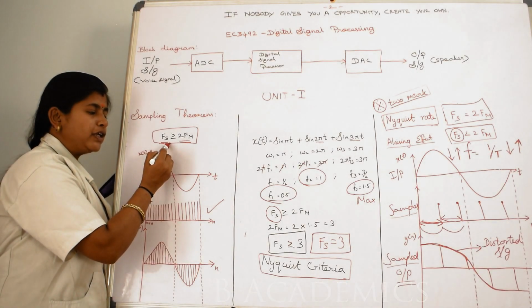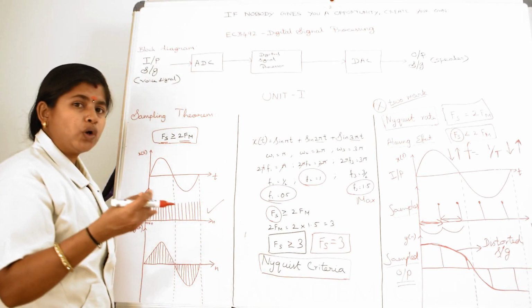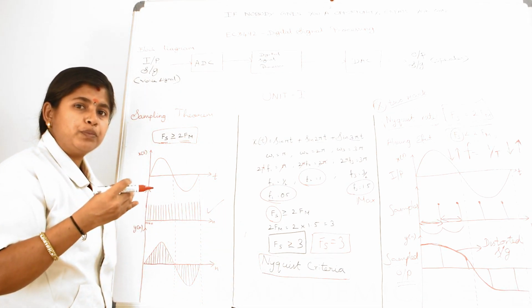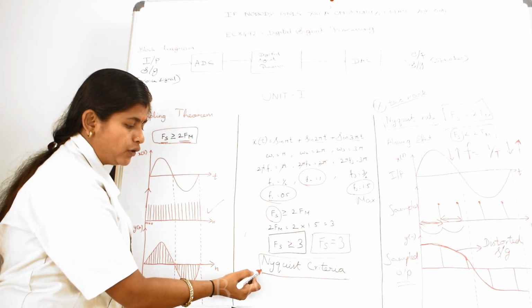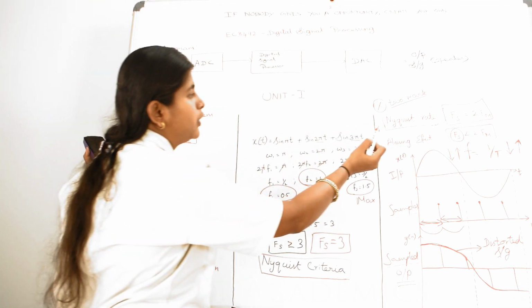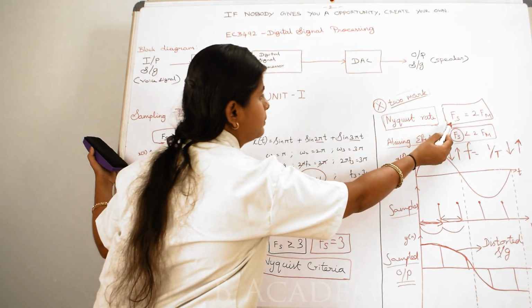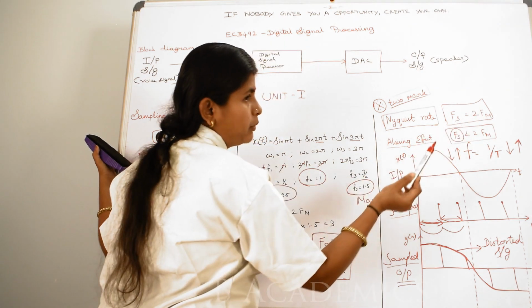This sampling frequency condition is called the Nyquist criteria. If you want to get your original output signal without any distortion, you have to follow the Nyquist criteria for your sampling frequency. And what do you mean by Nyquist rate? Here Fs is your sampling frequency and Fm is your maximum input frequency.